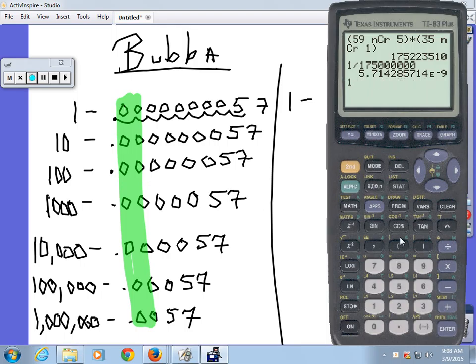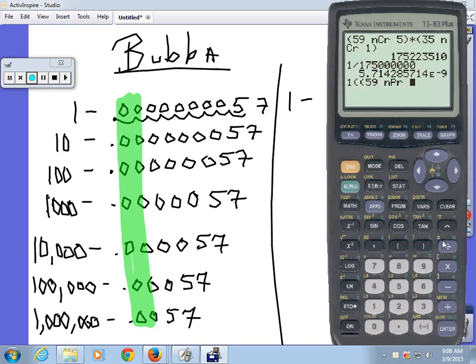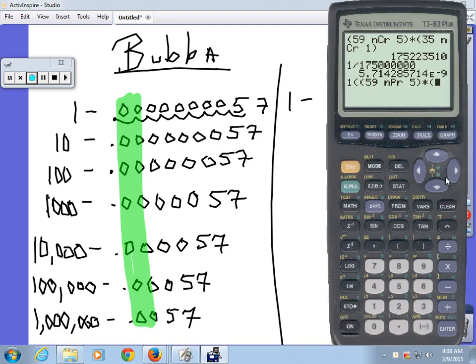Alright, let me go over, let's see, 59, math, probability, NPR, 5, close parentheses, times open parentheses, math. Oops, I didn't put in, hold on. Where's my escape button? I got to put in 35, thank you. Got my numbers.